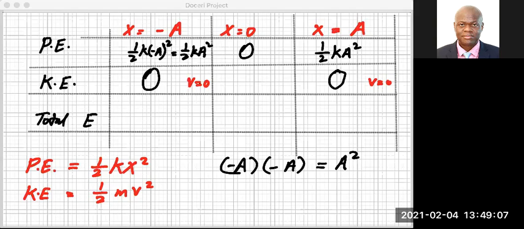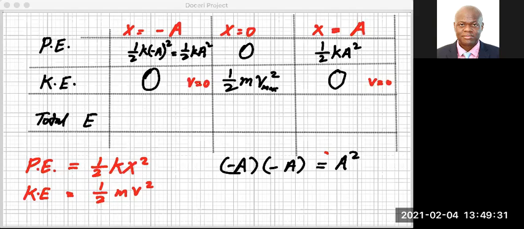So the maximum velocity will be at x equal to 0. So the kinetic energy here would be 1/2 m, and I'm going to put a max subscript to describe the fact that the velocity is maximum at equilibrium.